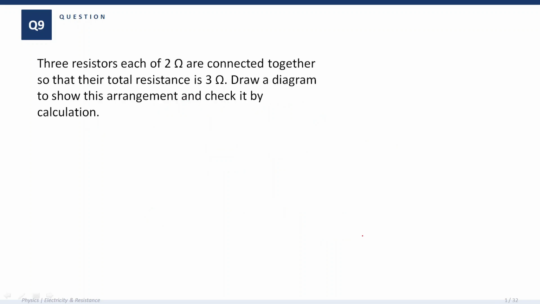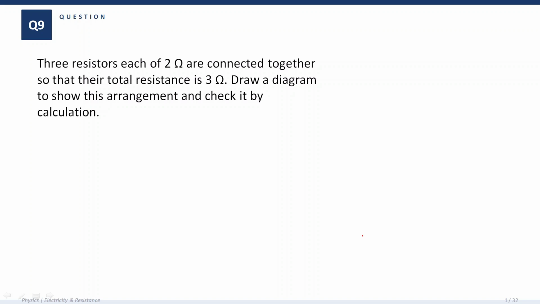The next one. 3 resistors each of 2 ohm are connected together so that their total resistance is 3 ohms. Trace the diagram of their arrangement and check it by calculation. 3 resistors, each of 2 ohms.